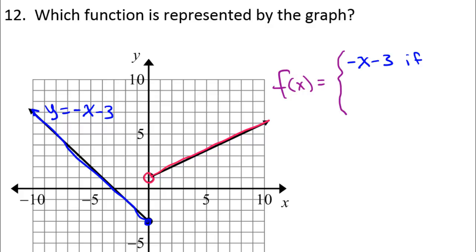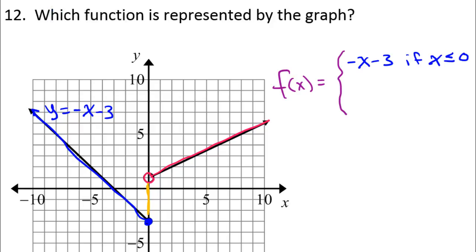Now the cutoff value is here at 0. It's right at the y-axis where it changes from one to the other. So it's the blue function to the left of 0. So I'm going to say if x is less than or equal to 0. This one had to be or equal to because this is a closed circle. So that's it for the blue part.